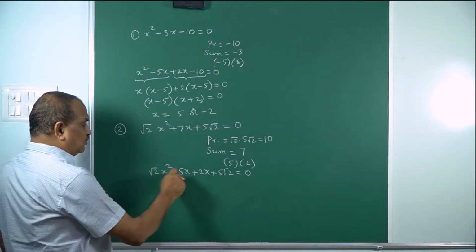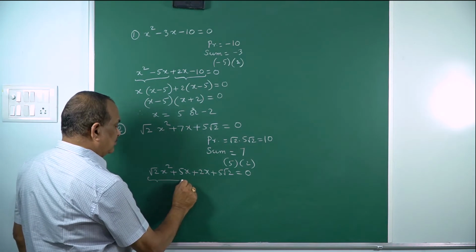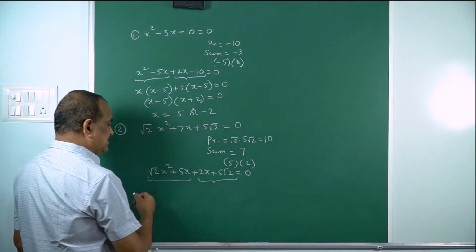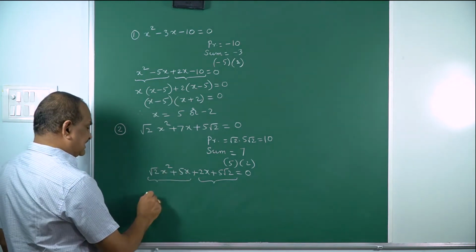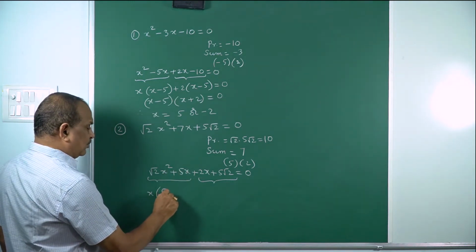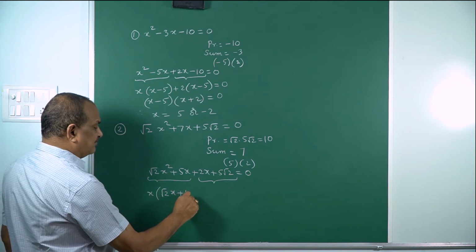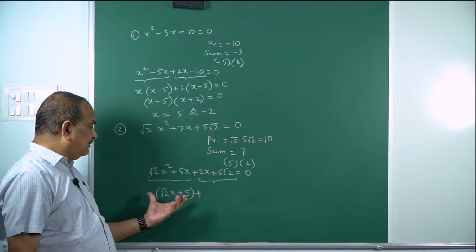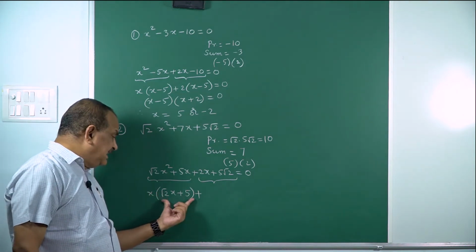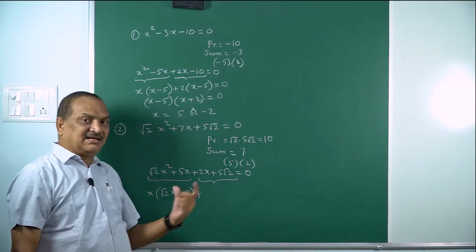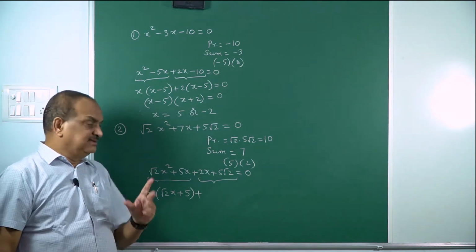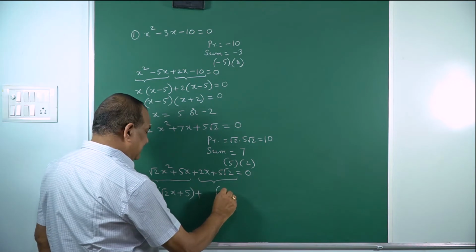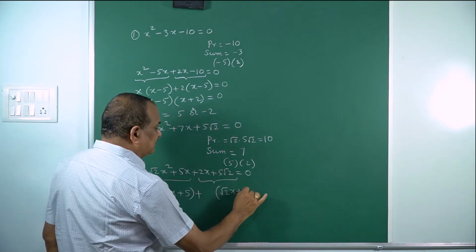Out of these two, x will come out. Out of these two, let us see what comes out. Out of the first two, x comes out, root 2x plus 5. Remember when you are doing this, the same parenthesis must come there. Parenthesis means bracket. So I want to write the same here because I'm expecting that to be root 2x plus 5.